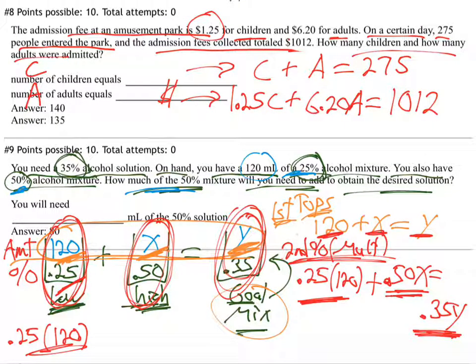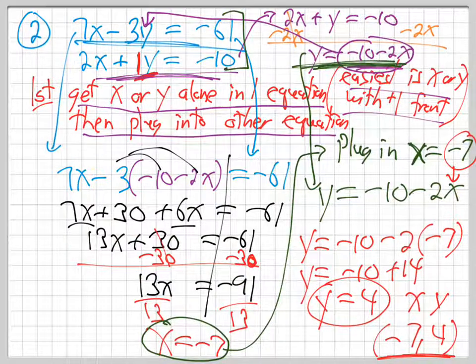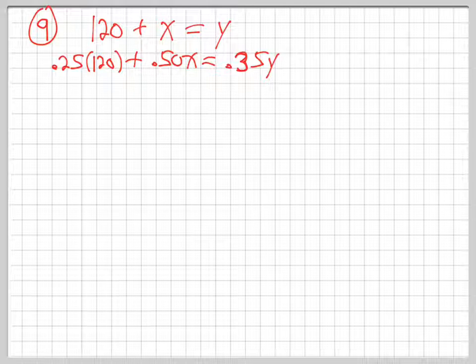Yeah, that's right. We got our equations. Okay, so let's just figure this one out right now in your calculator. 0.25 times that, it's going to be 30. Okay, so you know the deal, right? What do we do? Well, let's just do the substitution.